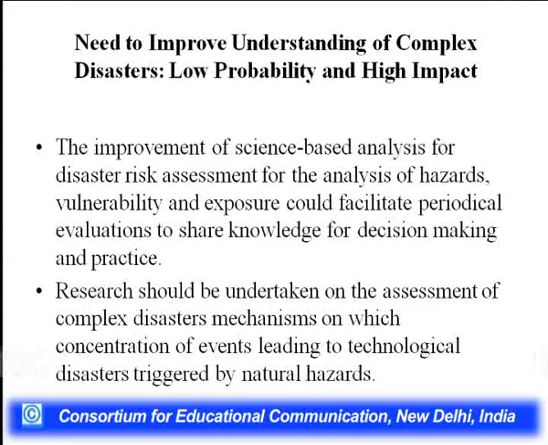This is another very important dimension I would like to bring before you. We do not care about this. Complex disaster mechanism: a concentration of events leading to technological disasters triggered by natural hazards. If something happens with an earthquake, I think it can affect the Tehri Dam, and through the Tehri Dam we can have a big devastation.